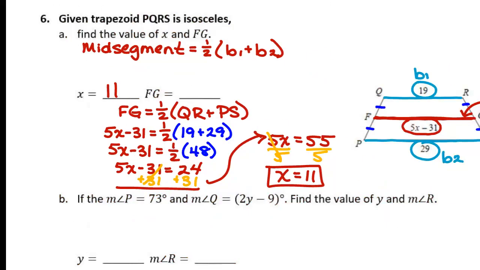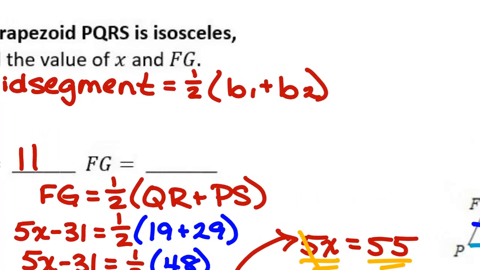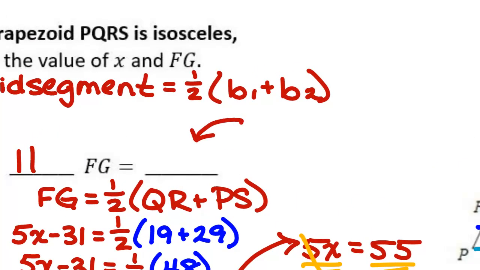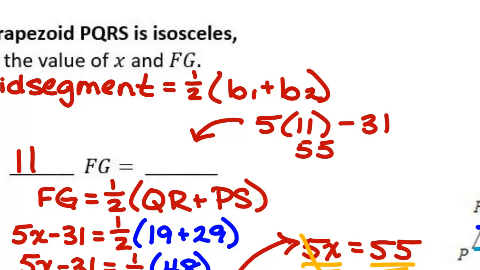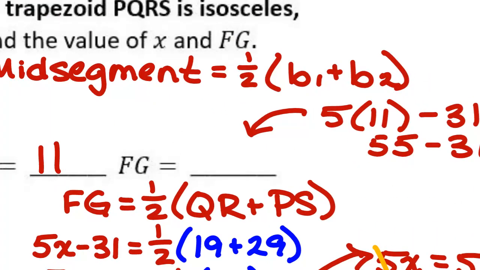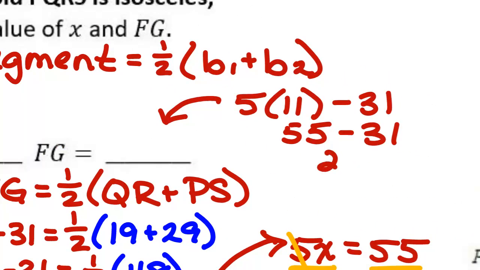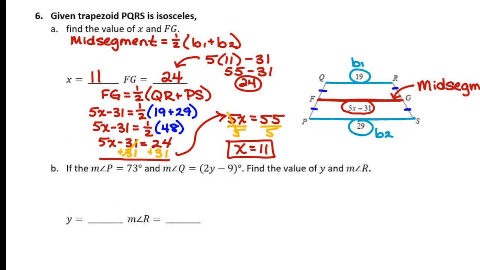Once I know how big x is, what do I do to find FG? Substitute, yes. So I do 5 times 11 minus 31, or 55 minus 31. What's 55 minus 31? 24. So FG is 24.